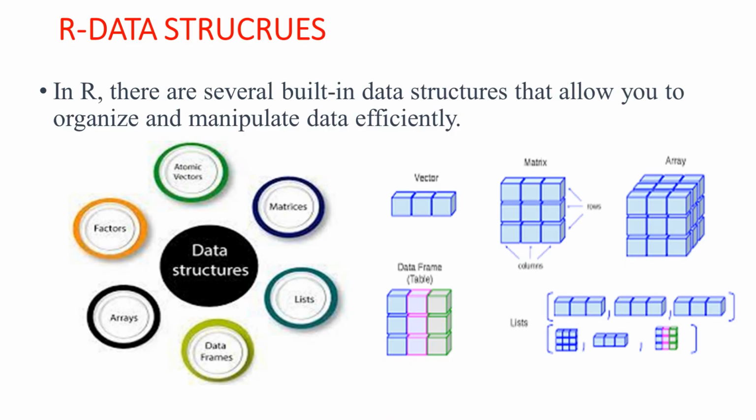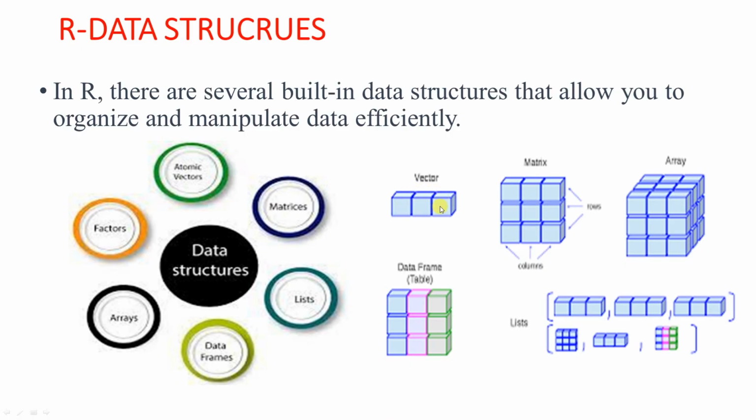The first one is the vector, that is atomic vectors or numeric vectors, the second one is matrix, third is list, fourth is data frames, fifth is arrays, and sixth is factors. In this slide we can see how each organizes its elements. The first is vectors.